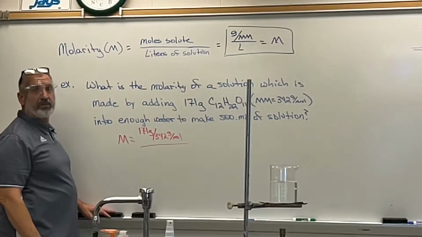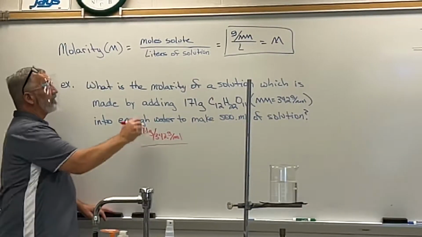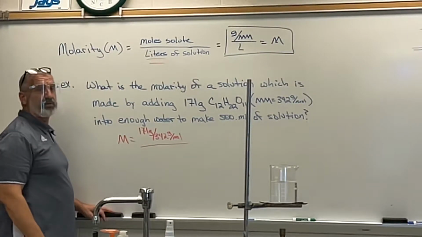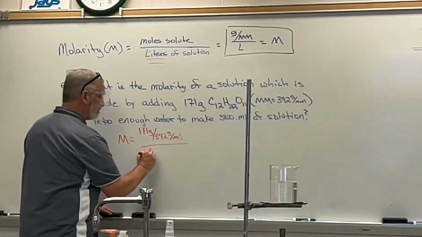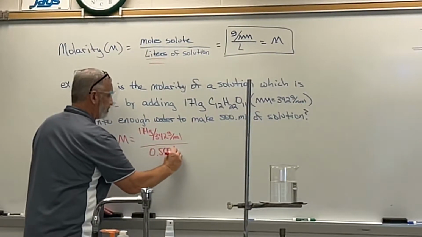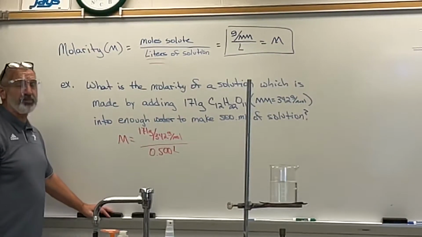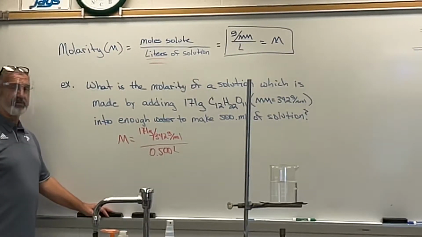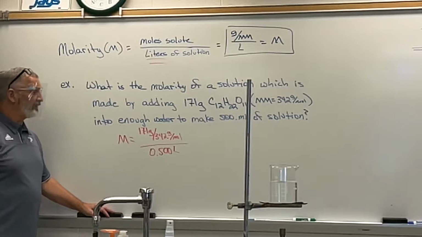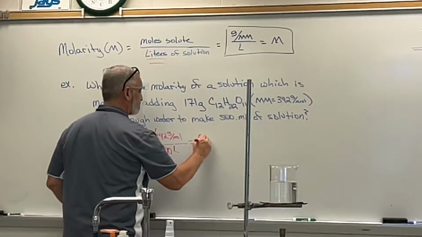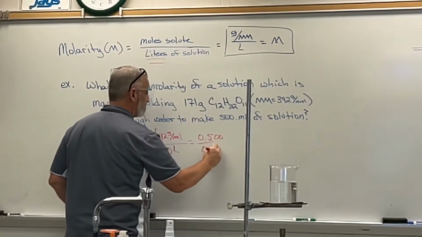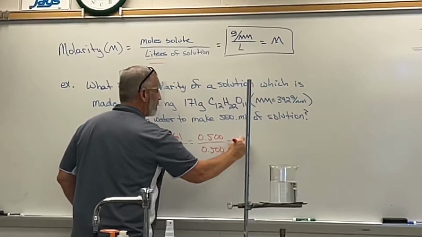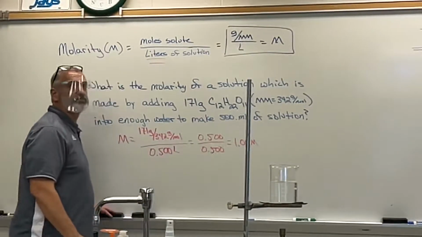What do we divide it by? 0.5. Now, you should be able to do mental math. 171 divided by 342 equals 0.5. And that's really 3 sig figs. So we're going to get 1 mole.